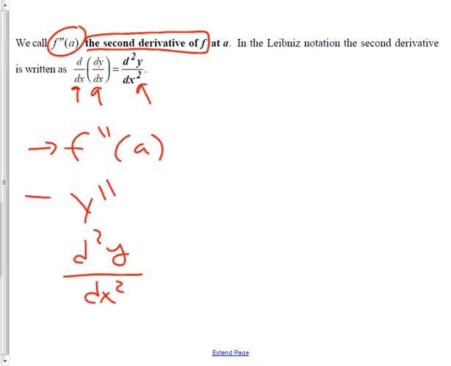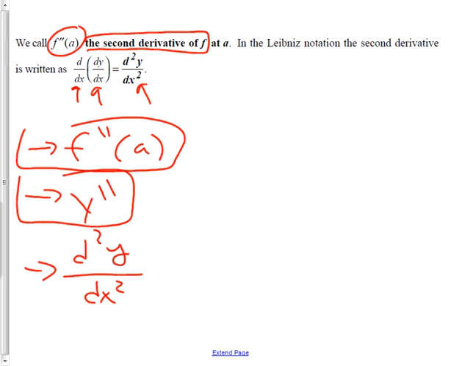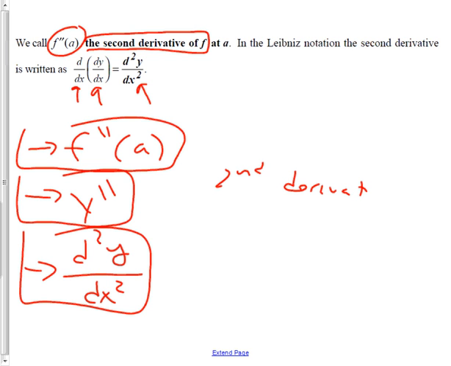So these are all ways that we can express the second derivative. And just to keep it general, so we're not talking about the derivative at some point a, f double prime of x. So it's the second derivative at x.